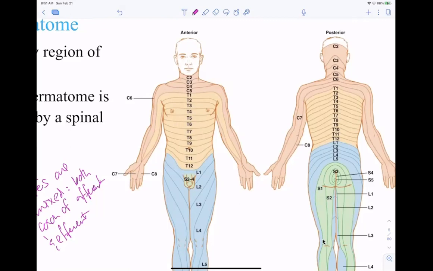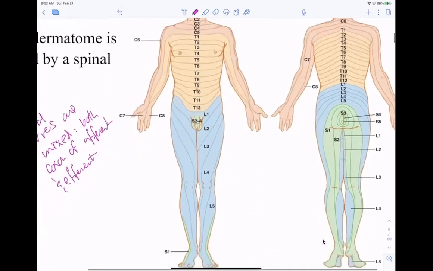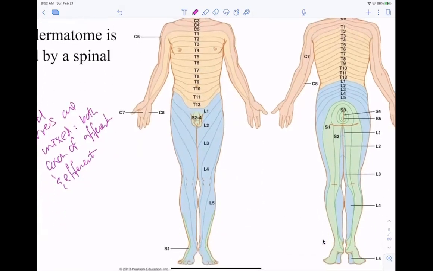So T1 spinal nerve comes out below T1 vertebra, and it goes all the way down for lumbar and sacrum. So it's only cervical, it's only above, the rest of them are below. And so as you can see, we have a mapping of the area that sensory receptors are located, and those axons of those particular sensory receptors monitor that area of the skin.